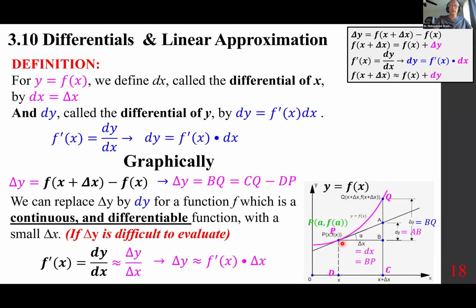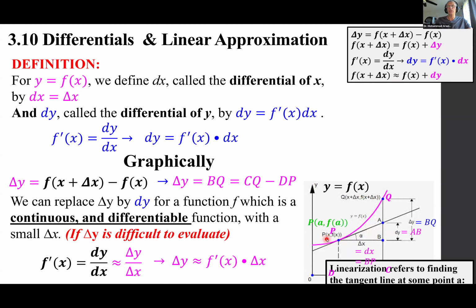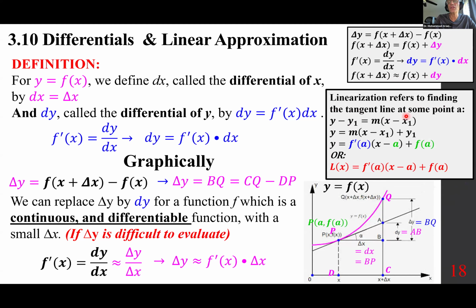If we find the tangent line at this point, the name is linearization. Linearization refers to finding the tangent line at some point a: y minus y1 equals m times x minus x1. Change the m to f prime of a, x1 to a, and y1 to f of a, moving the y1 over.